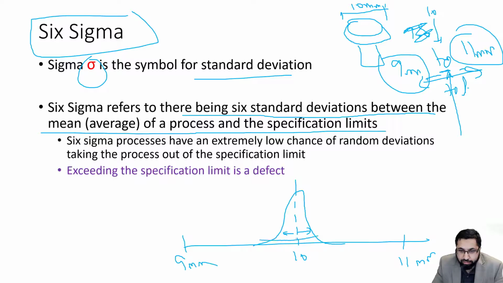They're always around 10. So that's the idea of Six Sigma: your output is very precise and doesn't go close to the specification limits. Because if you were to exceed the specification limit, you would have a defect.